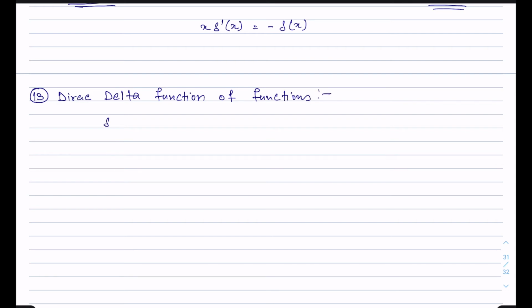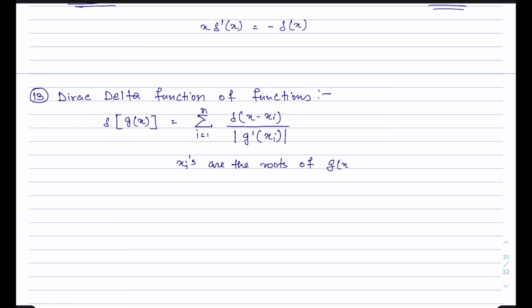This property tells us that delta of a function, say g(x), is equal to the sum over i equals 1 to n of delta(x minus xi) divided by the modulus of g prime(xi), where the xi's are the roots of the equation g(x) equals 0 and g prime(x) is the first order derivative of g(x).